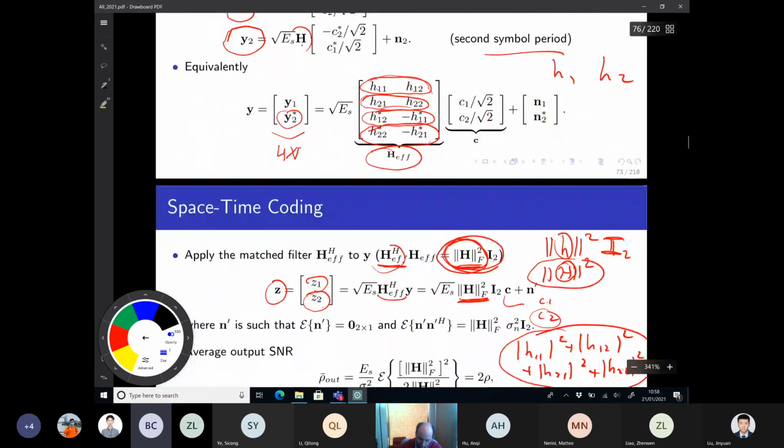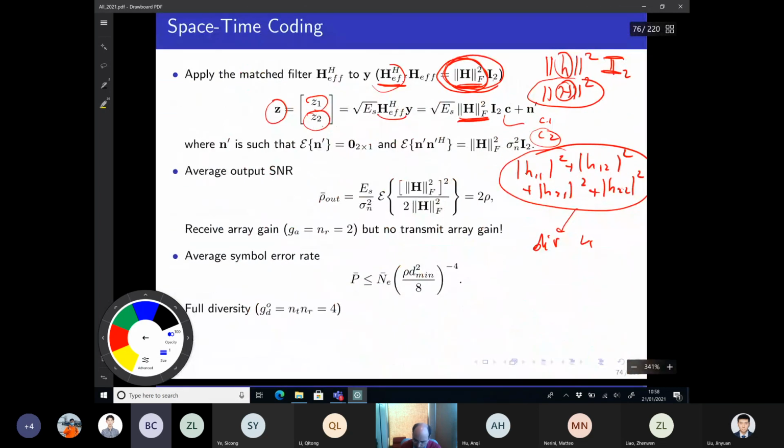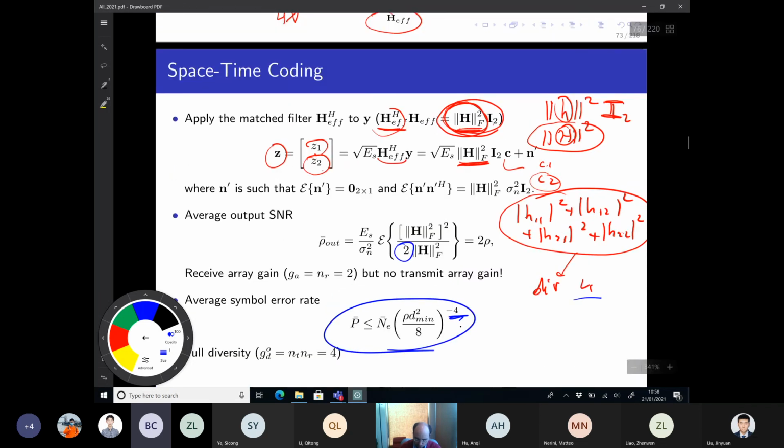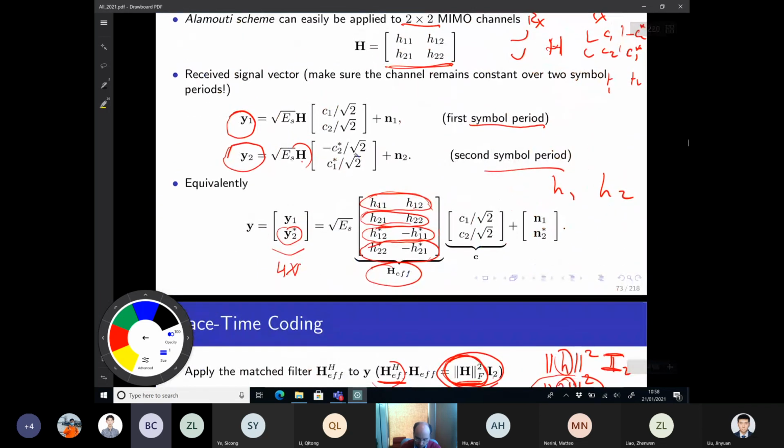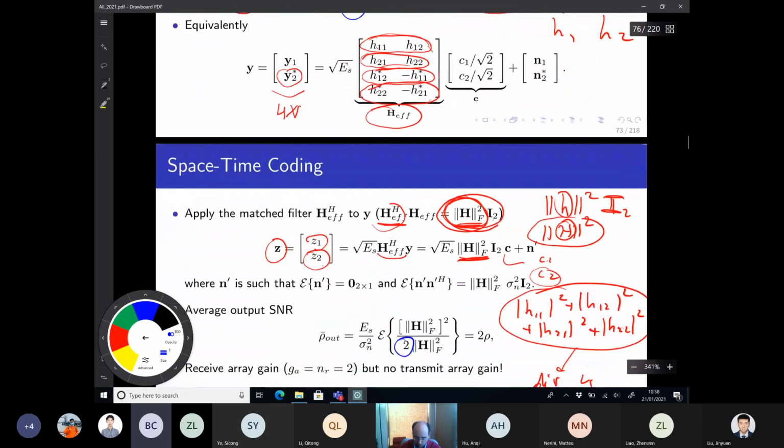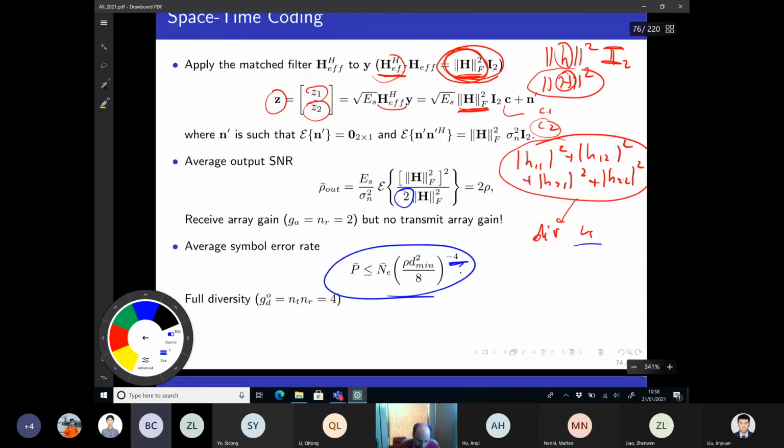Now this is done for a 2x2 case, and so you get a diversity gain of 4, so the error probability will scale accordingly. You still have a factor of 2 in your average output SNR, because of the factor of 2 here. So nothing has changed there.